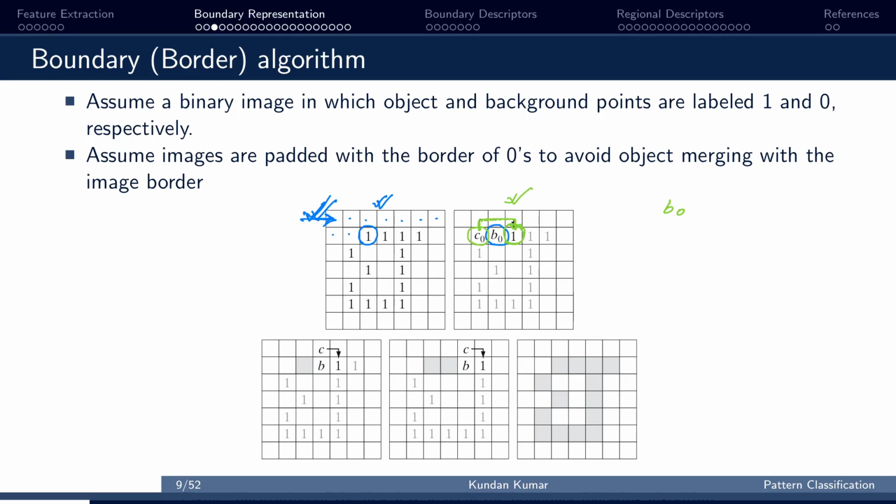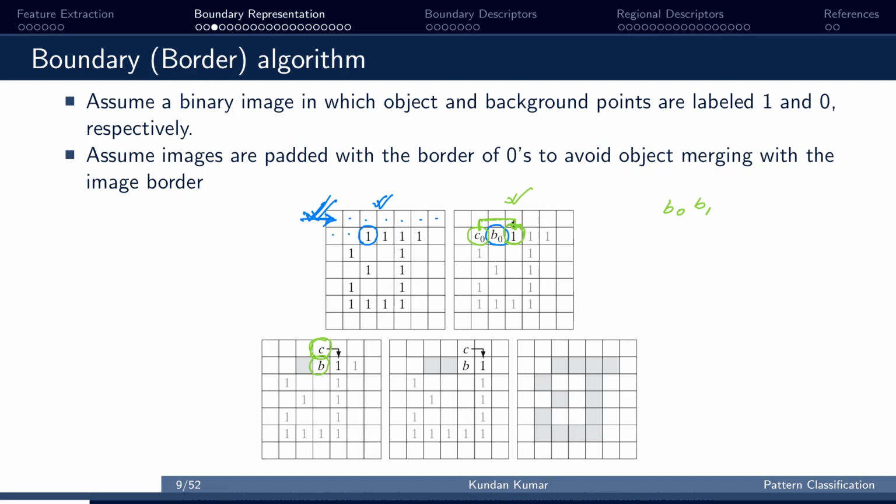It will be denoted as B1, and the preceding pixel will be C1. So we will store the pixel locations of the object pixels.